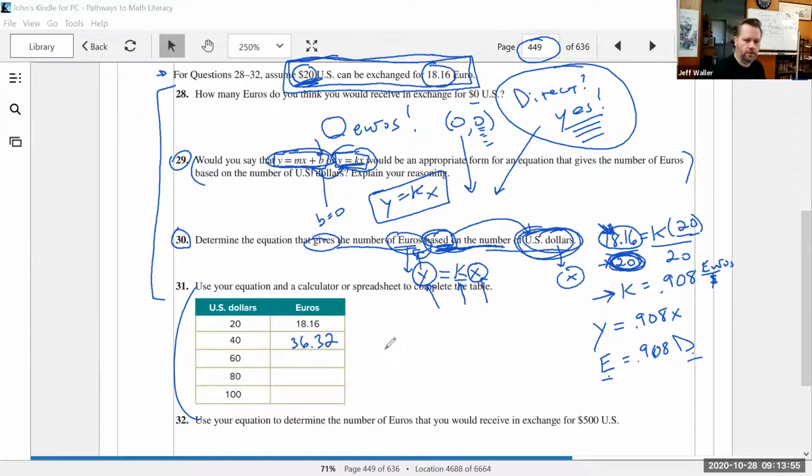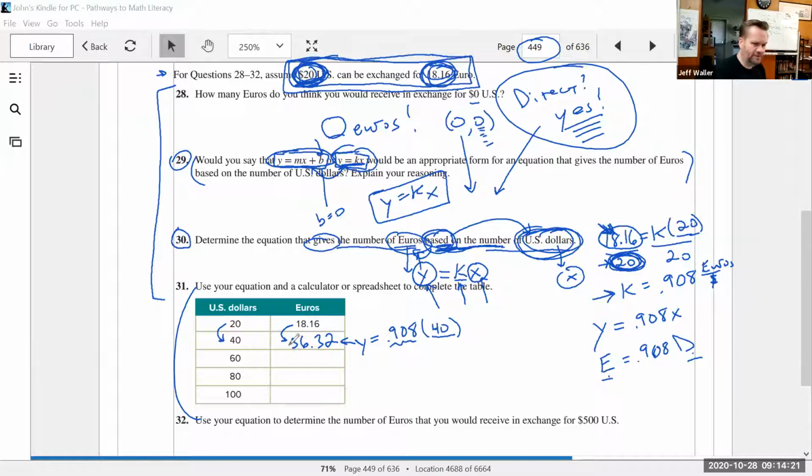So Linnell noticed something. I could either do this, or I can use my equation. If I put the dollars here, I'll put 40 here. So what's 0.908 times 40? It's this. But then Linnell said I could just add, because every time I go up by 20, my euros go up by 18.16.